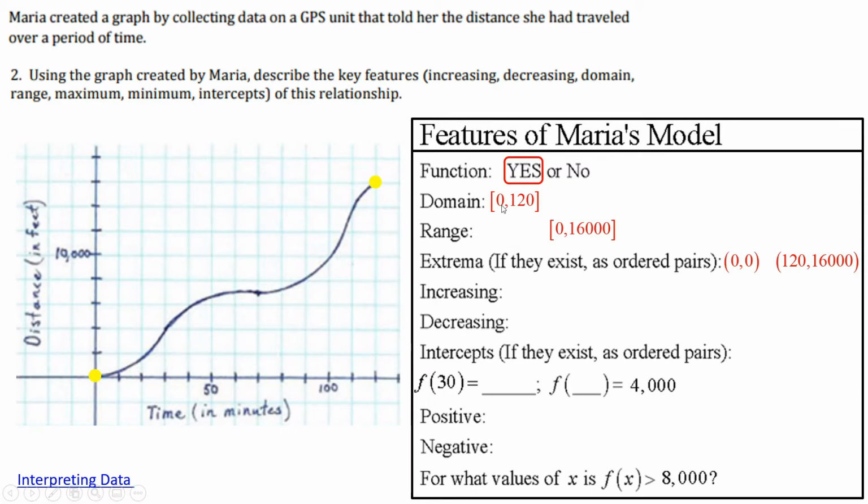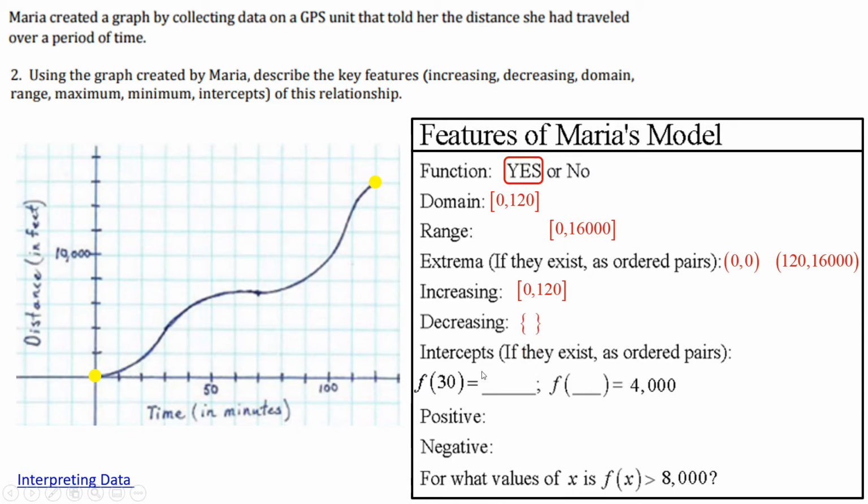The domain was 0 to 120, and if this function is increasing throughout its entire domain, I'm just going to list from x equals 0 to 120 in interval notation. And again, this means the closed interval from 0 to 120. Decreasing. Well, this is never decreasing, so I'm going to put the empty set right there.